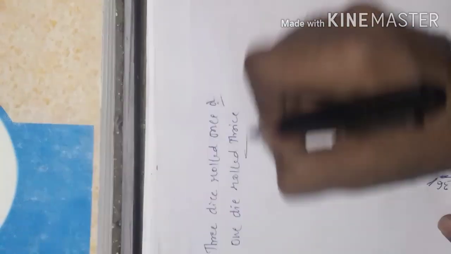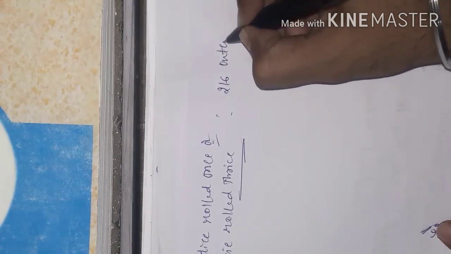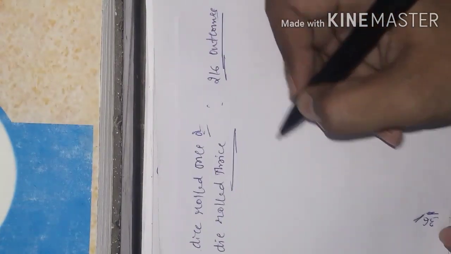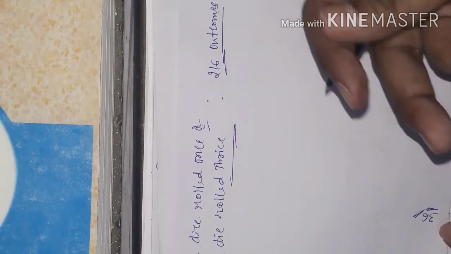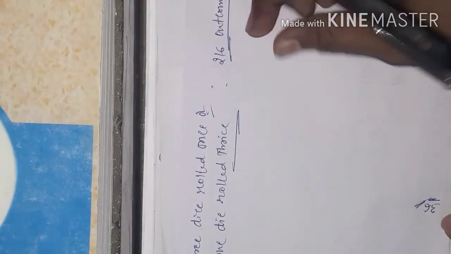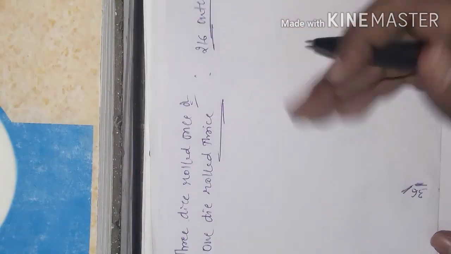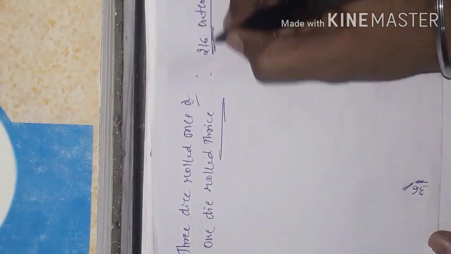Both are the same here. So we have 216 outcomes. These possible outcomes we can get the same way as when we rolled a coin thrice. Make the possible outcomes of the dice, and you can make a table and find it. Directly we wrote here 216.